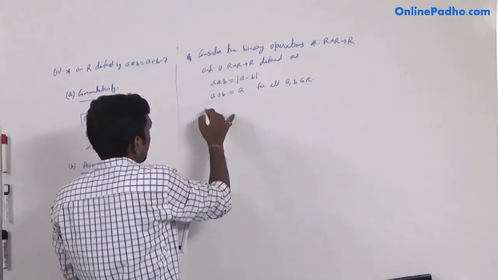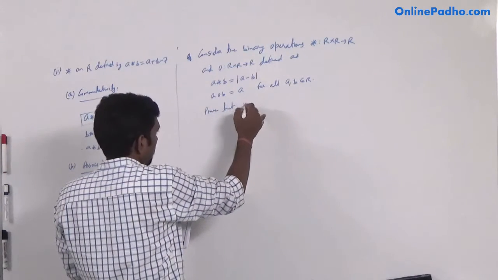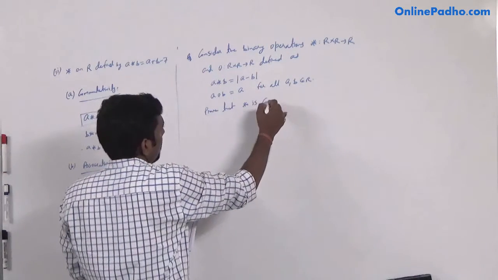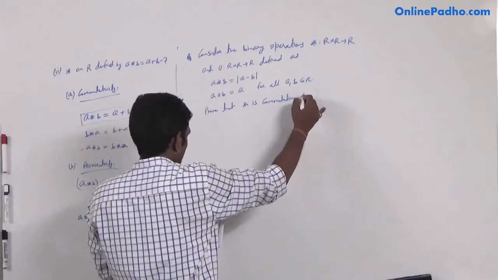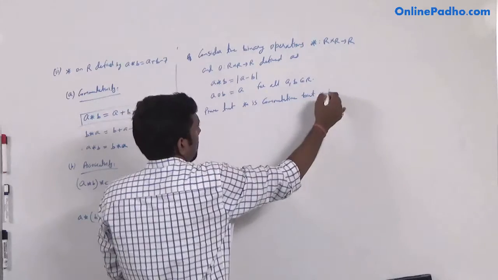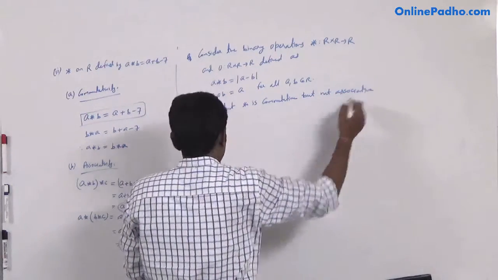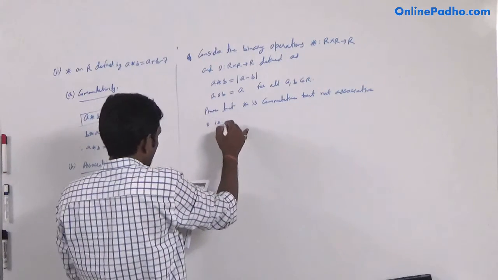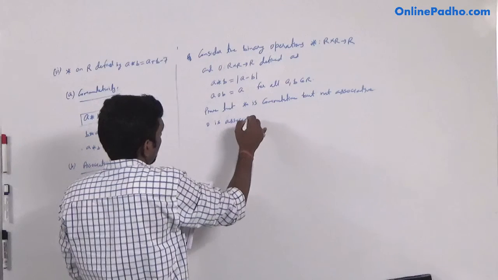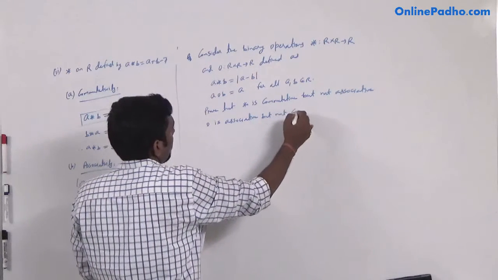Then prove that star is commutative but not associative. Not is associative but not commutative.